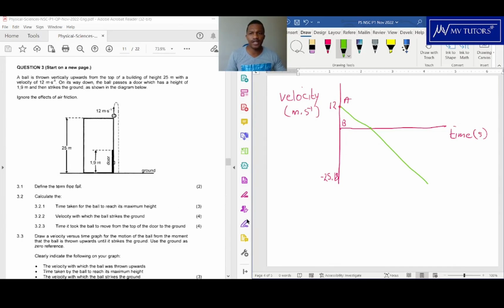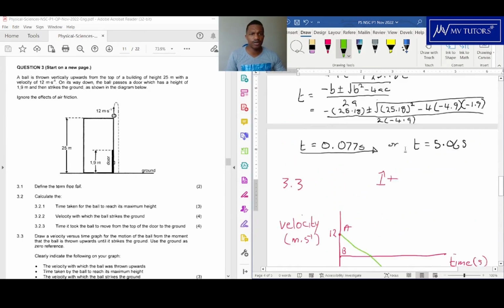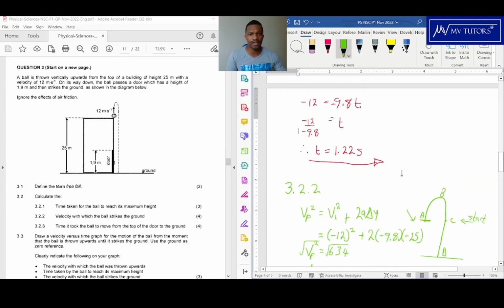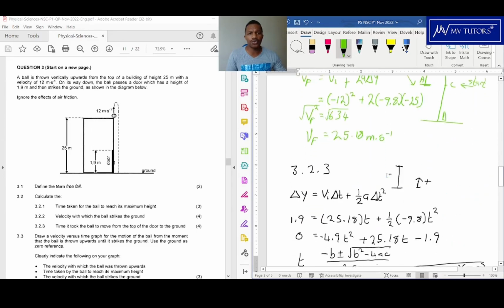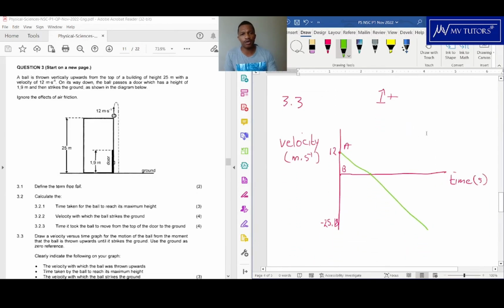We calculated that time up there. That was our final time, 1.22 seconds. So our value over there is actually 1.22 seconds.